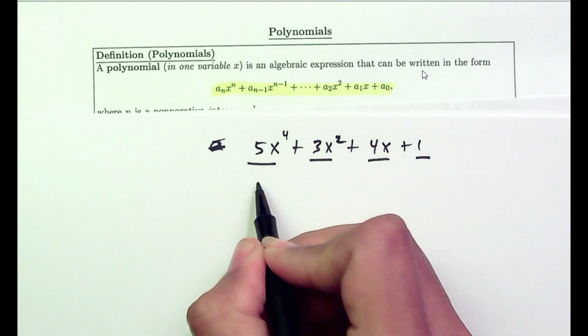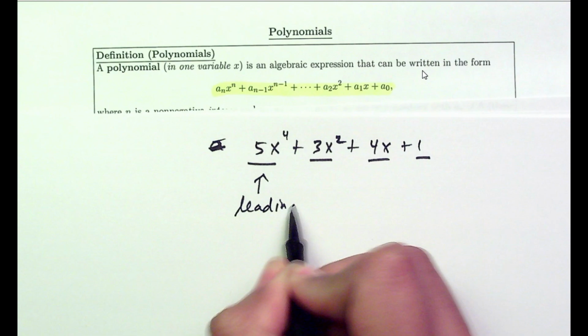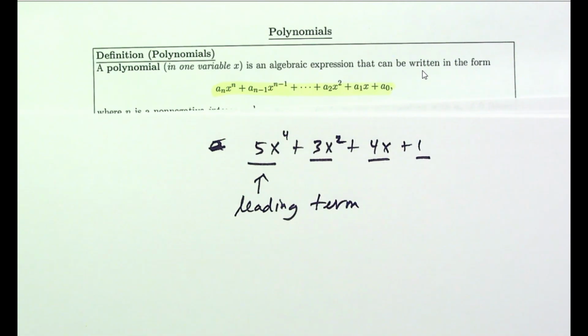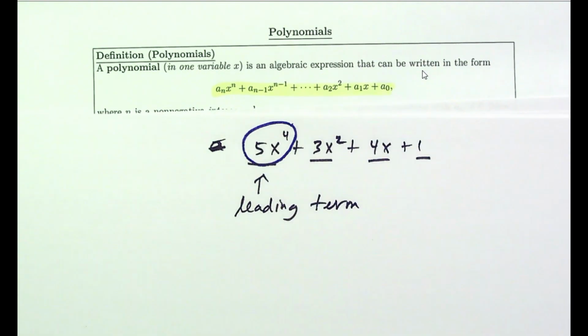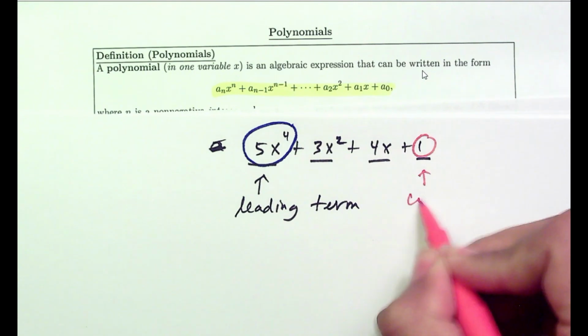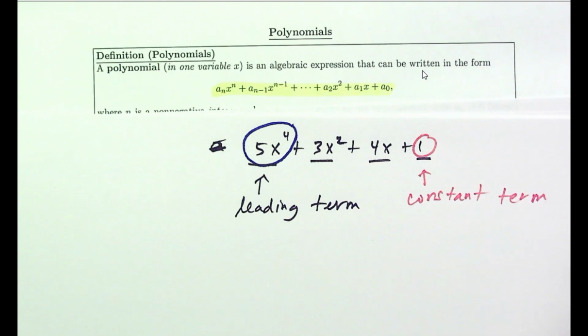This one right here, that is called the leading term. It is the whole thing, the 5, the x, and the 4, so it includes the whole thing. That would be called the leading term. And the very last one, the one that does not have x, in this case this one, that's called the constant term.